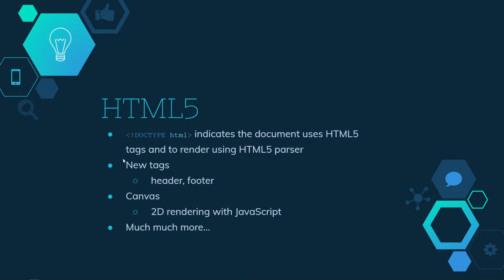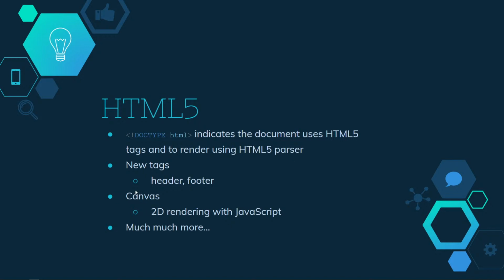Back in the day, you had to say something like doc type HTML in all caps, and then you would specify the website to actually specify how this web page is supposed to be interpreted, like HTML 4.1 or 4.0 or whatever. But now for HTML5, you just put that at the top and you're good to go.